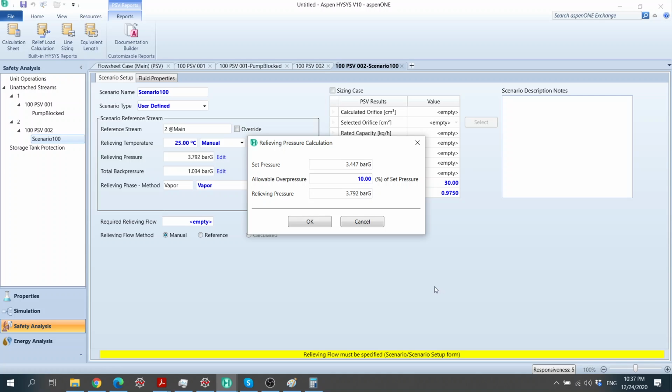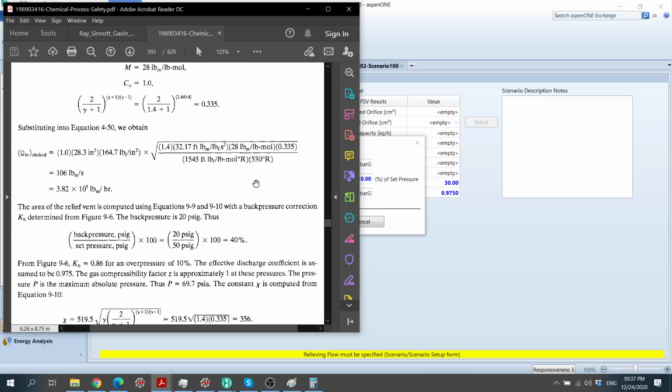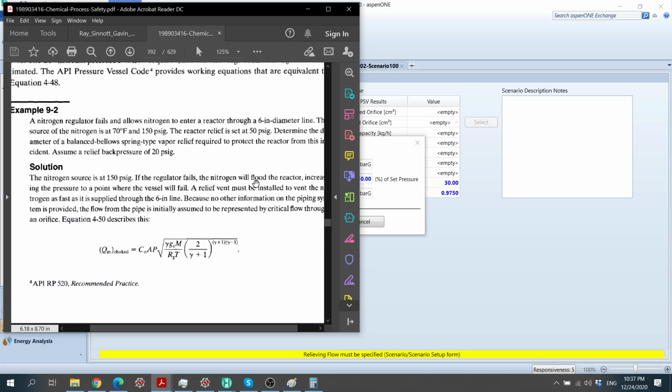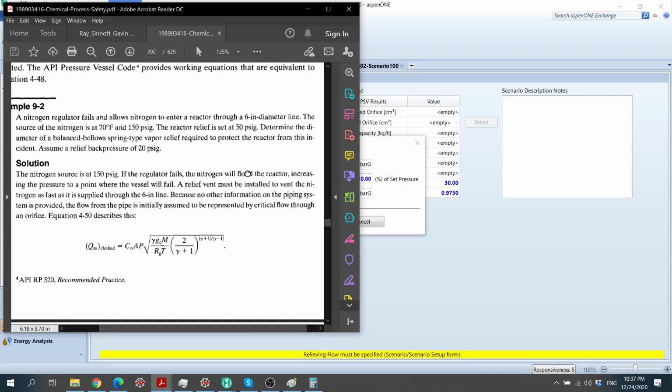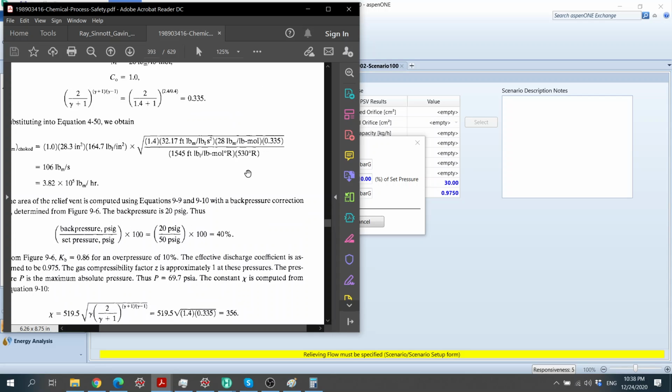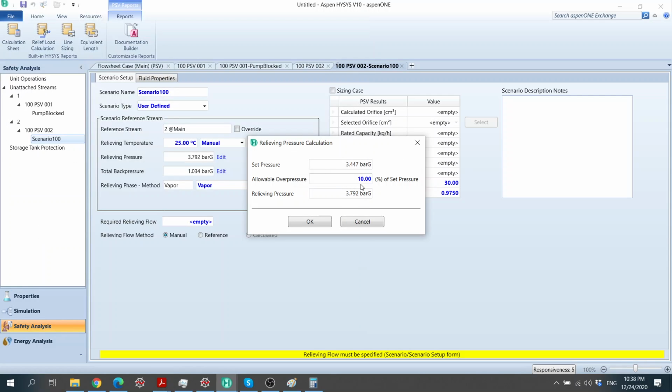And then the allowable pressure is 25 or 20, I don't know. Or 10, just use 10, I guess. 10% over pressure, so just use 10% over pressure.